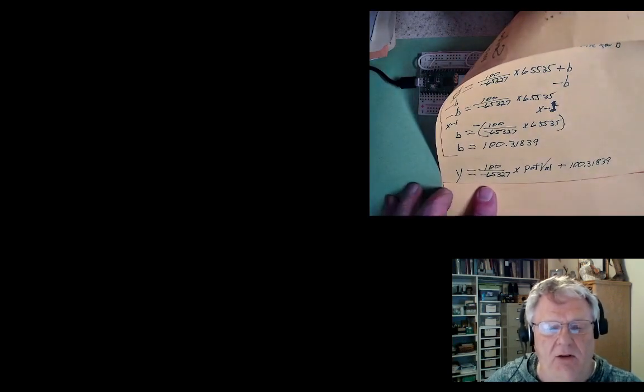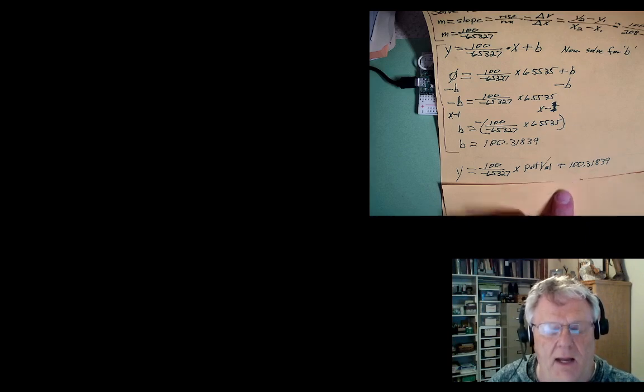Now that I have all of that done, I can put this back into my Fony formula, and it's going to look like this. So when I want to calculate for y, I do y equals the slope times whatever the value is, which in my Fony it's pot value, plus the b, which is 100.31839.